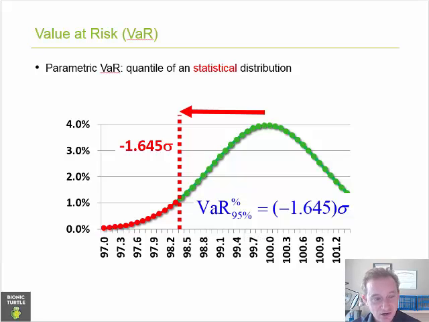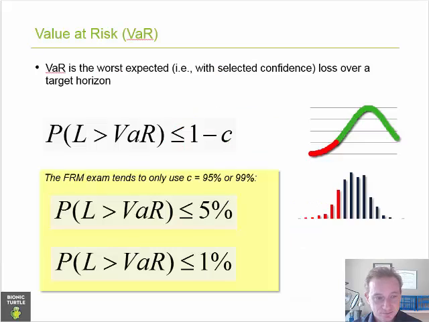So that VAR concept turns out, if we think about it for a little bit, to be really pretty simple. It's just the methods to get us the answer that are not only varied, but can get complicated.